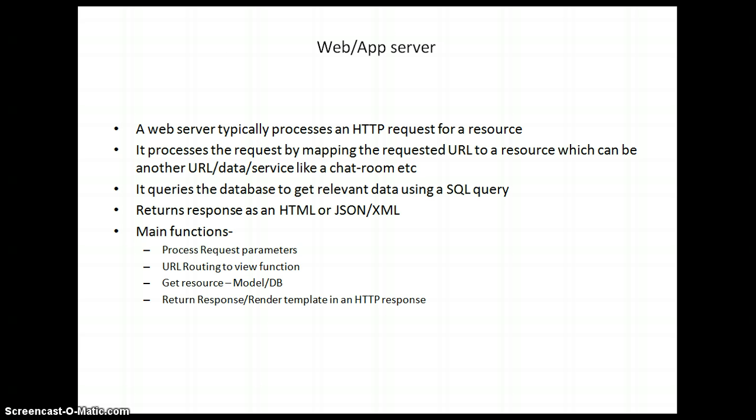For example, if it is a URL shortening service, then all you're doing is writing a small piece of code where you map the URL that is typed by the client to a shorter URL and respond that back through HTTP to the client.